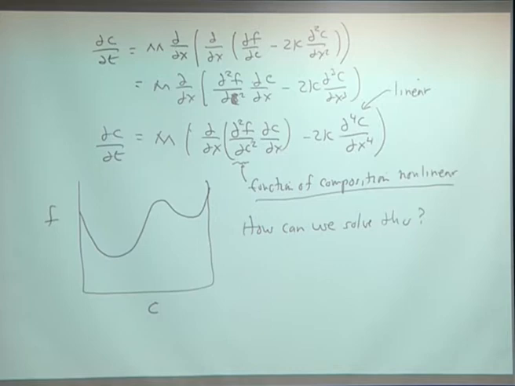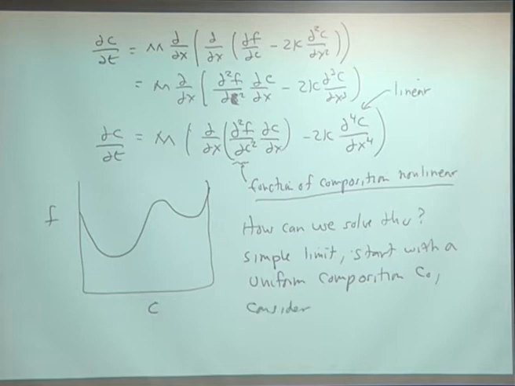So what to do? How do we solve this? And so we're going to consider a simple limit, where we're going to look at what happens when we start with a uniform composition, C0, and consider small fluctuations about C0.